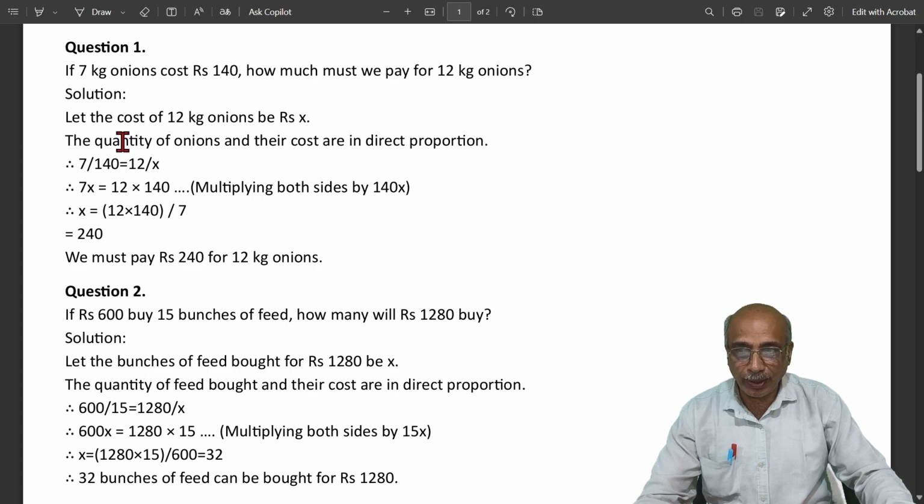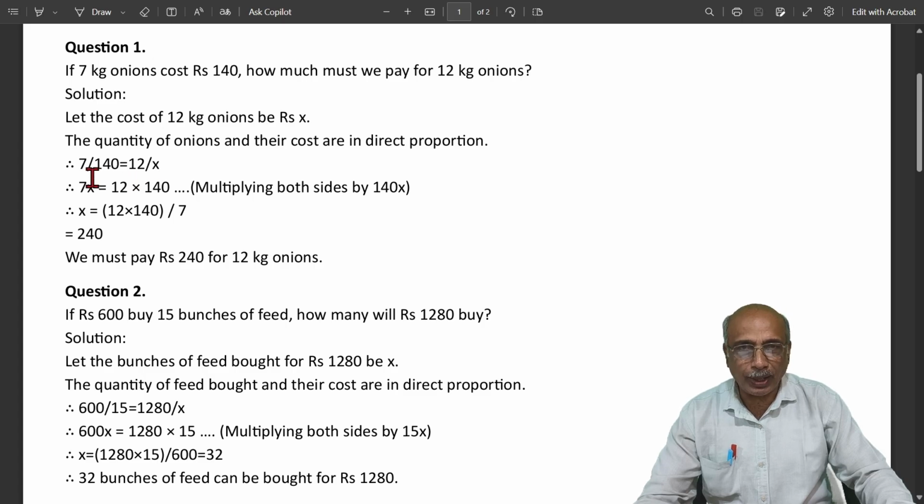As I said, if they are in direct proportion, their terms are written in ratio. For 7 kg, 140 rupees equals for 12 kg, how many rupees? Rupees is unknown to us, that is written as x. So here it will be 7 upon 140 equals 12 upon x.